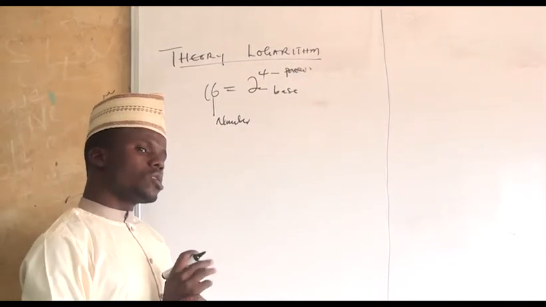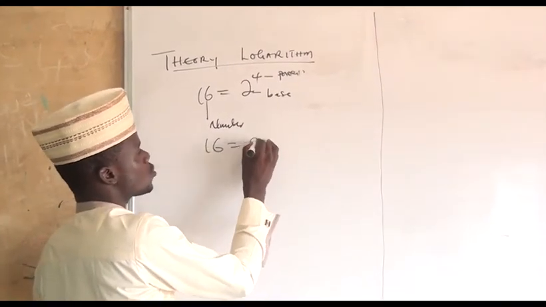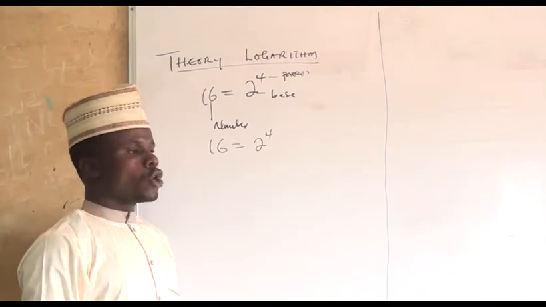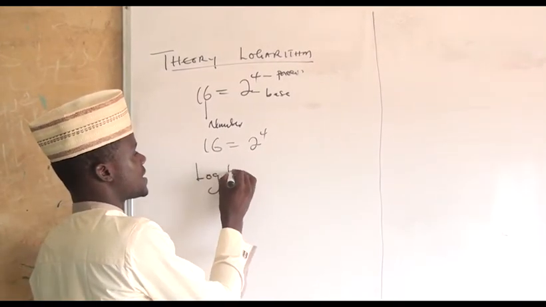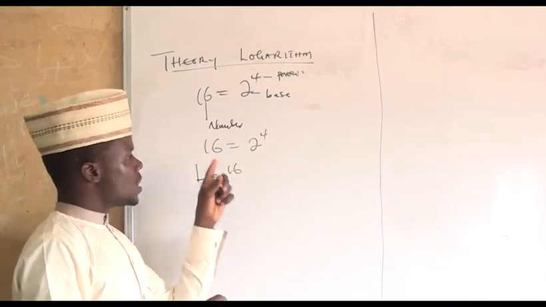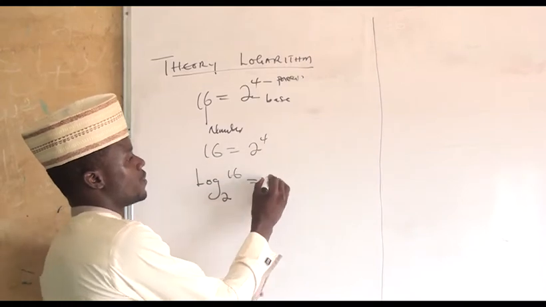So now when you turn to a logarithm, as we have 16 equals 2 to the power of 4, we can say logarithm of 16 to base 2 is going to be 4.